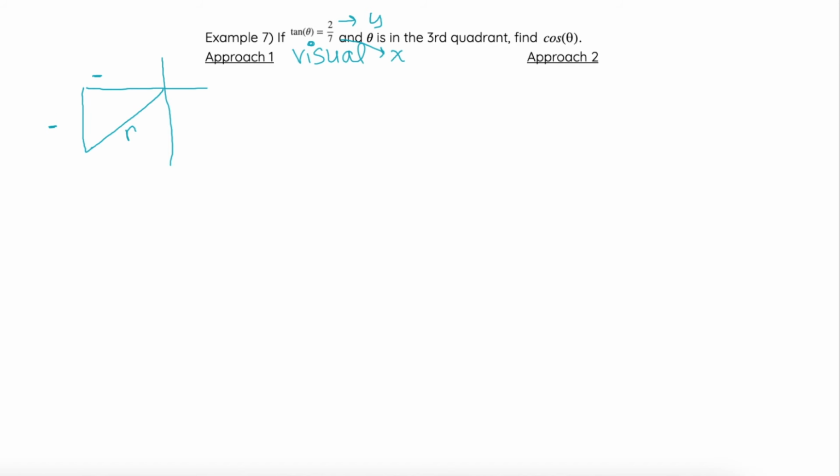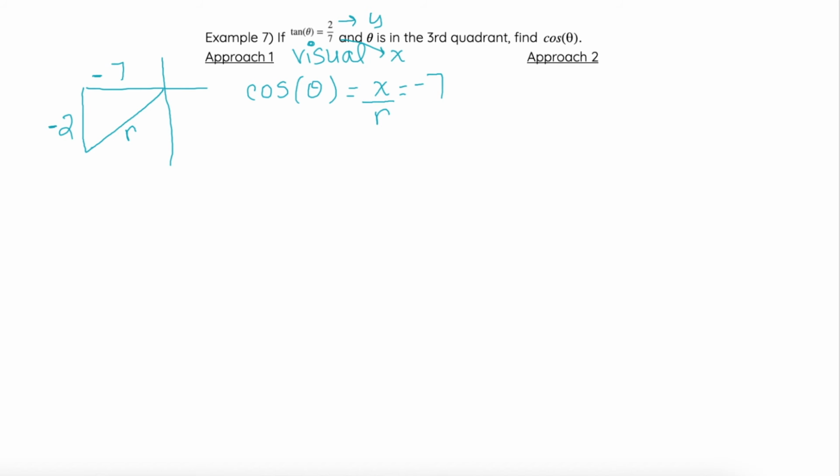So I have to go -7 units to the left and -2 units down. But in order to find cosine, I need our x value over the radius. And right now, all I have is the x value. We don't know what our radius is yet.